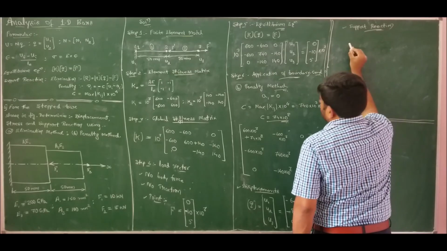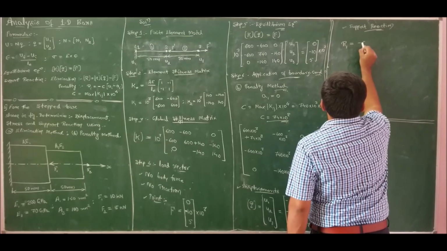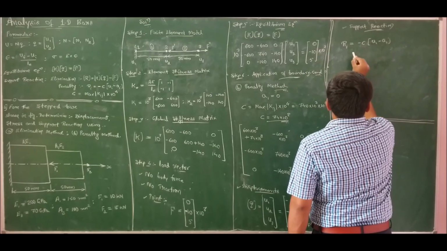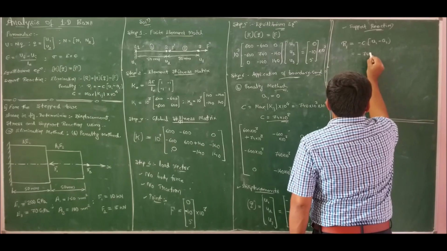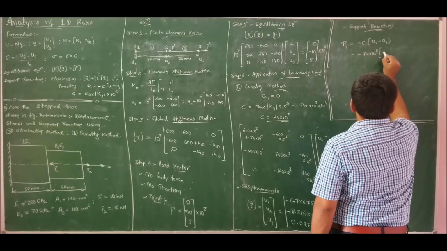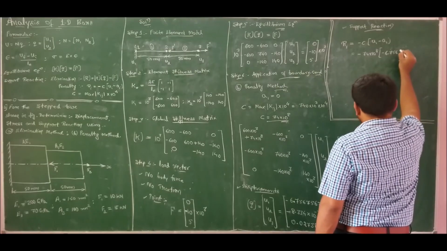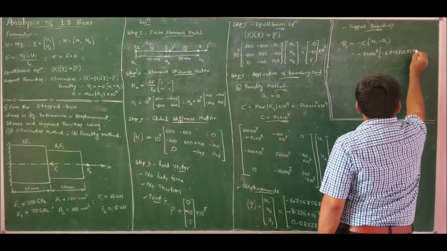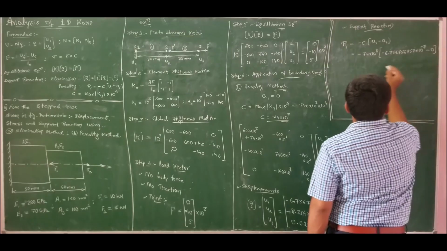If we go for the calculation of support reaction, we have reaction only at node number 1. So R1 will be minus C times U1 minus A1. The value of C is 74 times 10 to the power of 8, U1 is minus 6.756757 times 10 to the power of minus 7, and A1 is 0.